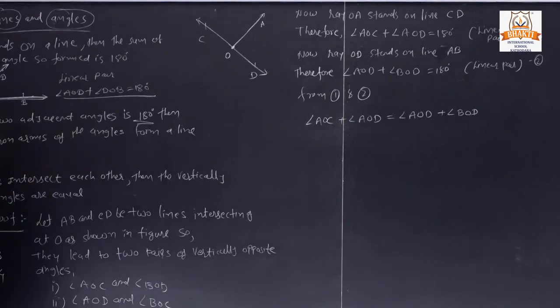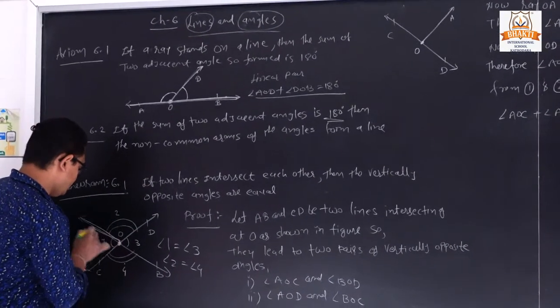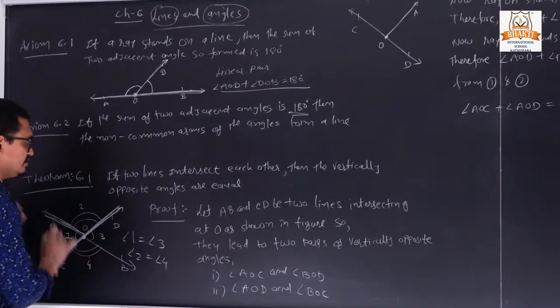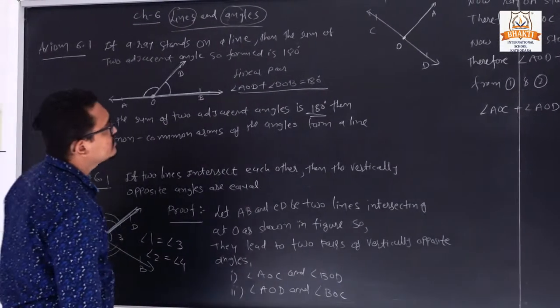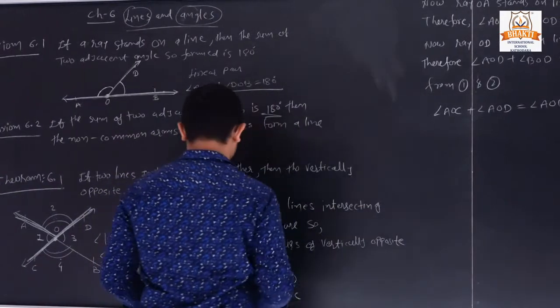Clear? In this figure we can have the same conclusion. See that this is our ray OA that is standing on CD. So we can draw the same figure so you can get the idea.